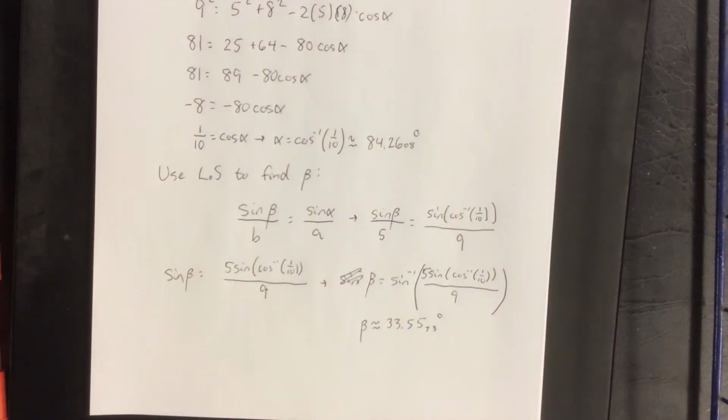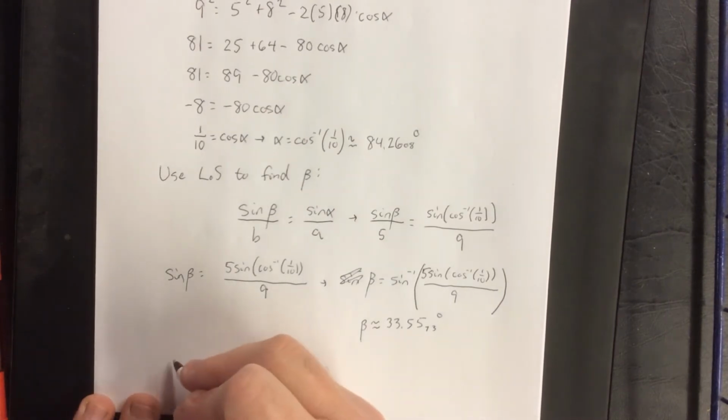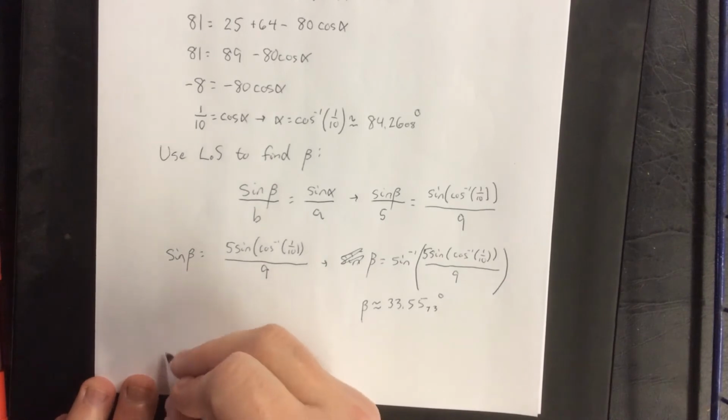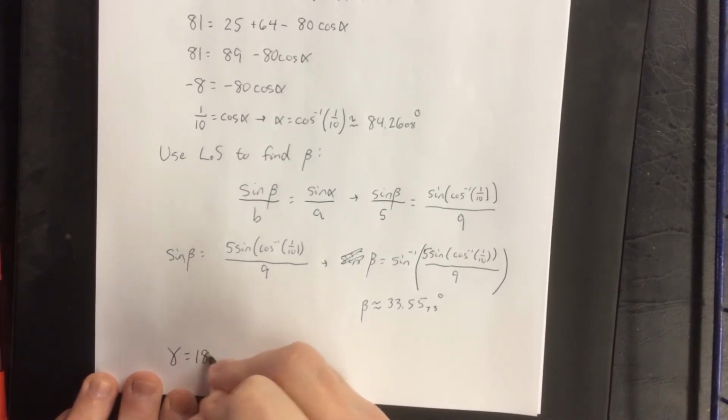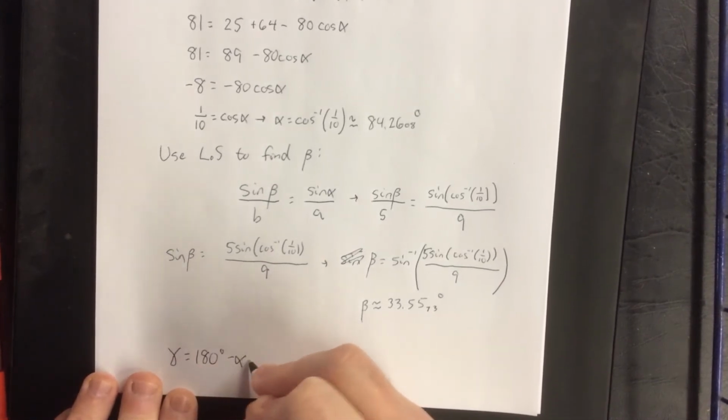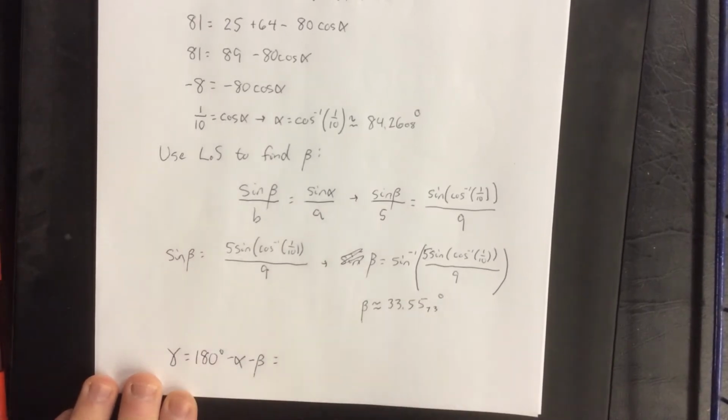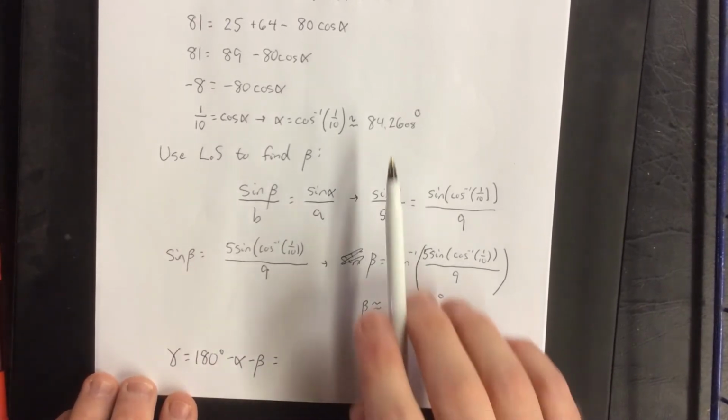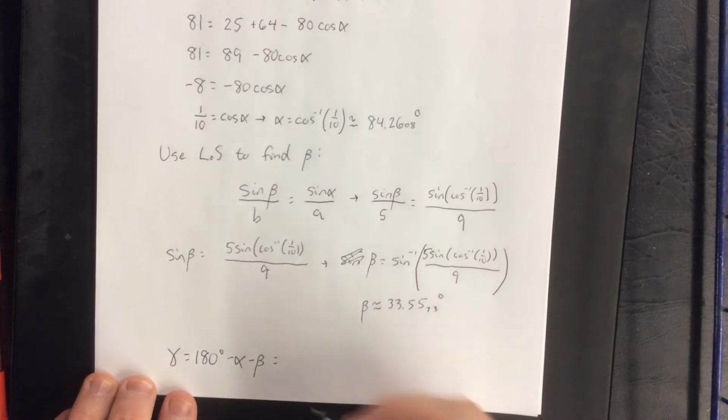Once you have two angles, there's really just one way to go to find the third angle, which is going to be to subtract from 180. So gamma is going to be 180 degrees minus alpha minus beta. Now for this, I'm going to go ahead and use the rounded to 2 decimal places versions.